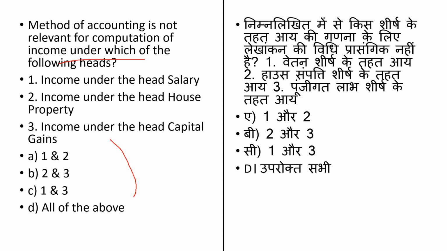Here the income chargeable under the head profit and gains of business or profession, or the income from other sources, shall be computed in accordance with either the cash or the mercantile system of accounting regularly employed by the assessee.